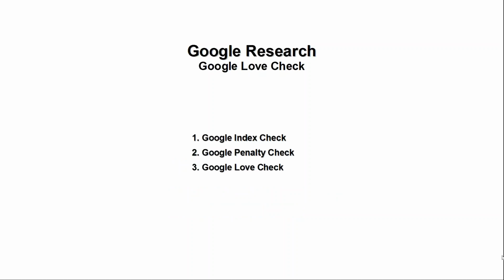Now, the first part of this is what I call the Google Love Check. This Google Love Check is a three-step process. First of which we're going to be doing is the index check, and then the penalty check, and finally the love check.